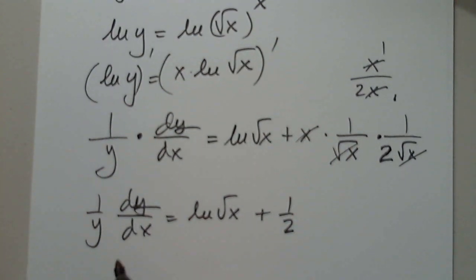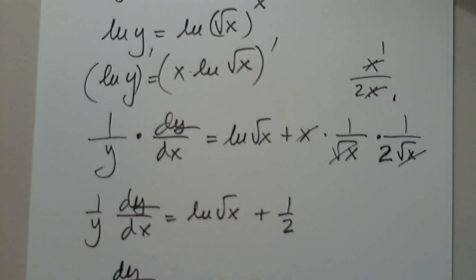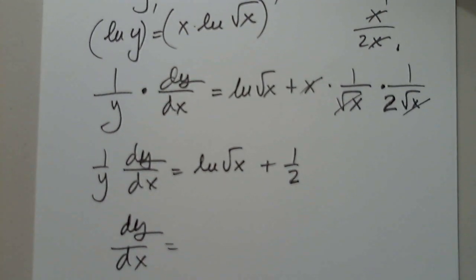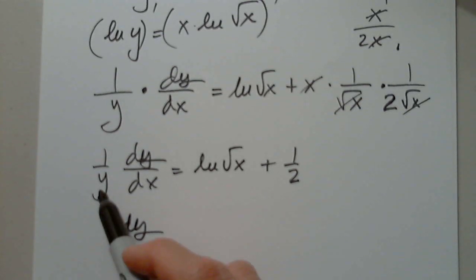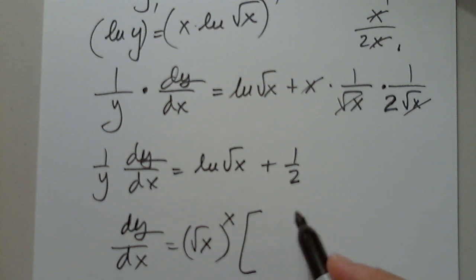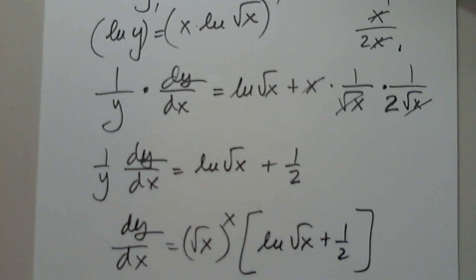Now, final step, I have dy over dx. What do I need to do to solve for dy over dx? Multiply y on both sides. Yes, and substitute y by the square root of x raised to the power x. Perfect.